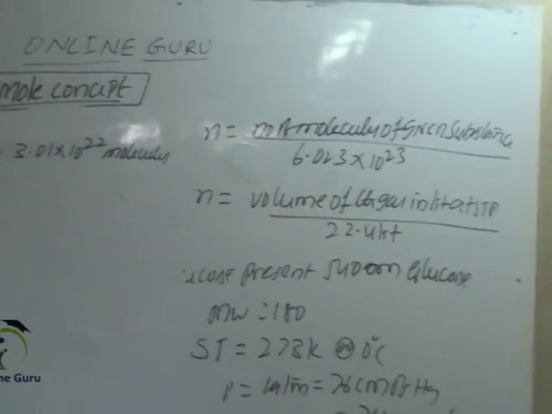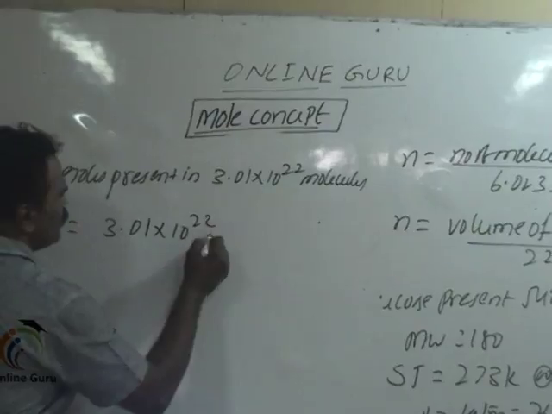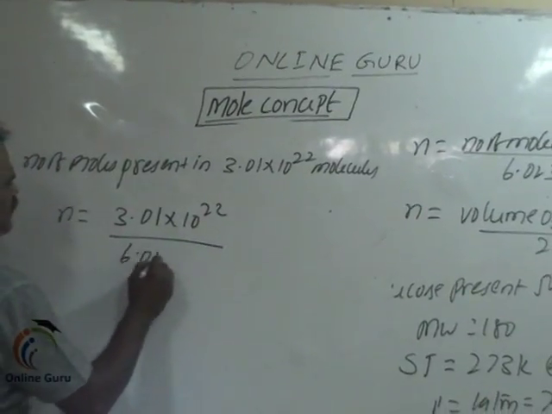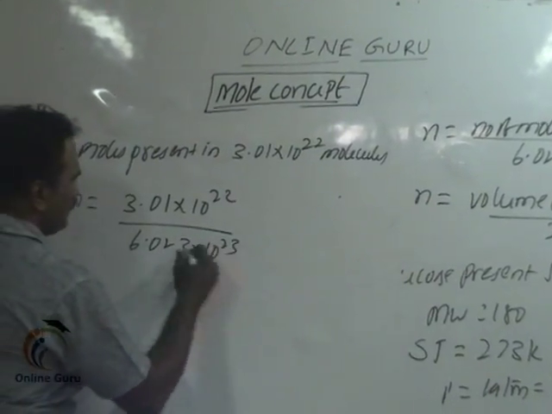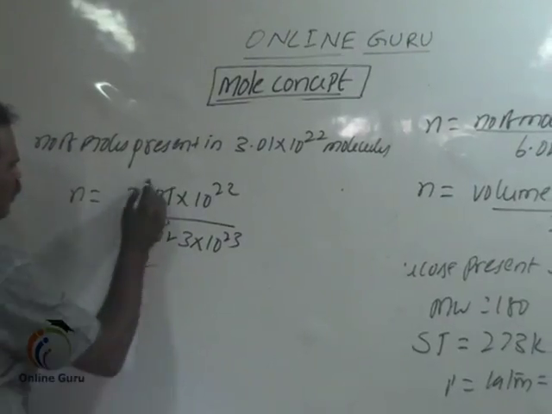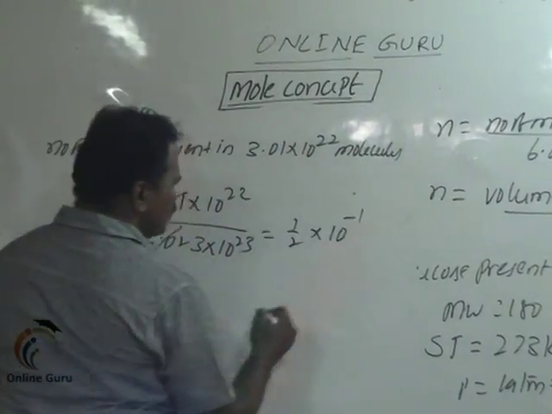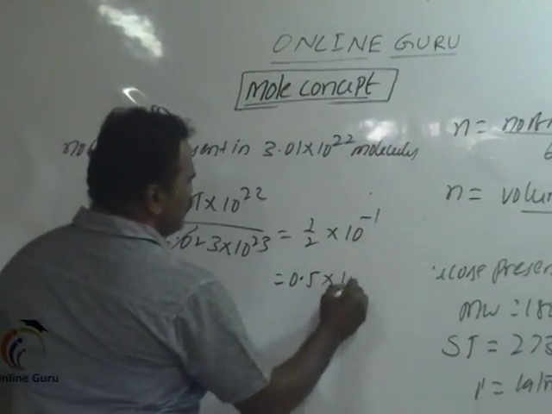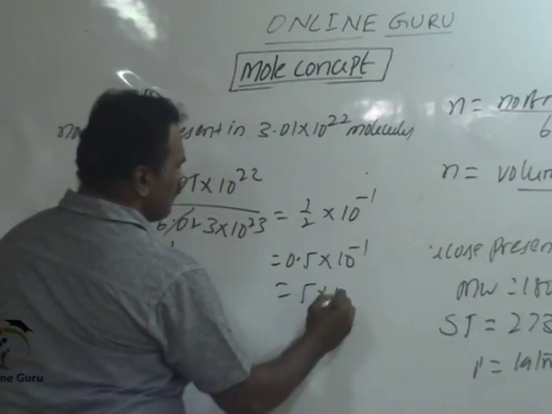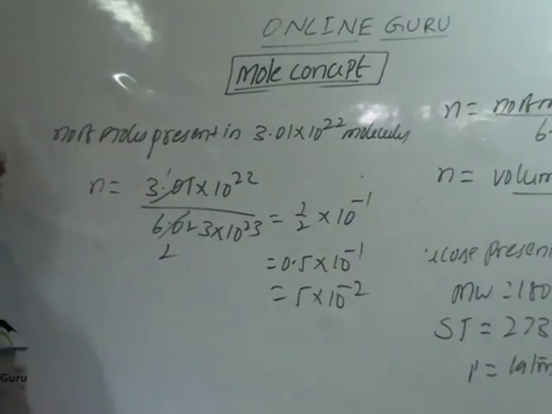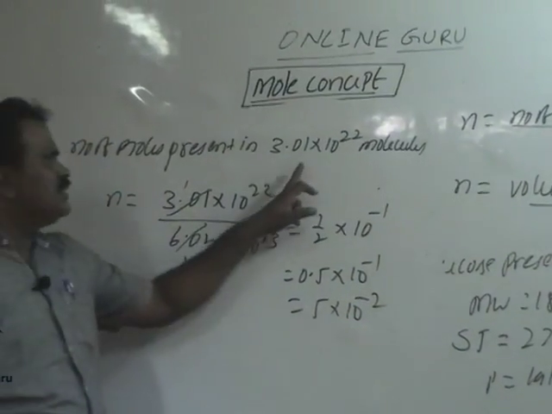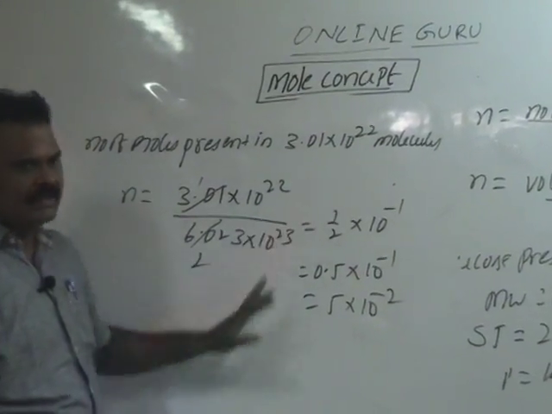So 3.01 into 10 power 22 divided by 6.023 into 10 power 23. Its value is approximately 1 by 2. Then it becomes 1 by 2 into 10 power minus 1, or 0.5 into 10 power minus 1, or 5 into 10 power minus 2. That is the number of moles present in 3.01 into 10 power 22 molecules.